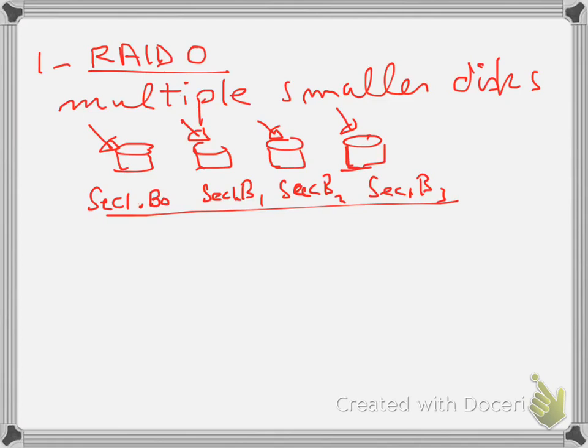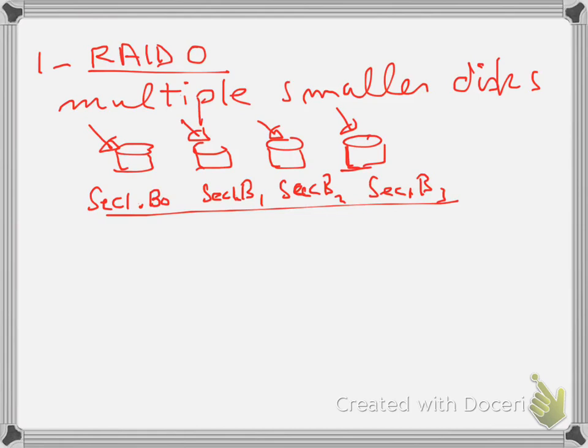But what will be the benefit? Still, if one of these fails, I fail. Correct? What will be the benefit in your opinion? The benefit of this is increasing the performance. It's not the failure rate, but the performance, meaning that I now can do parallel writes and parallel reads. If I would like to read sector 1, I can read these bytes in parallel, and write in parallel. So now I'm increasing the performance, and I can do this faster.